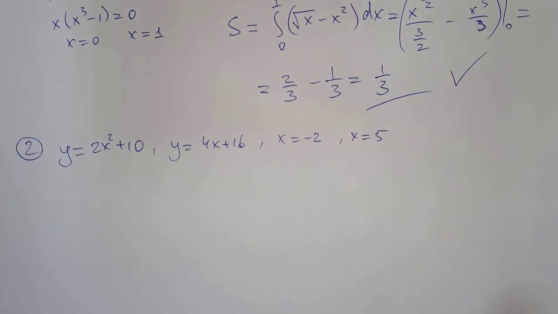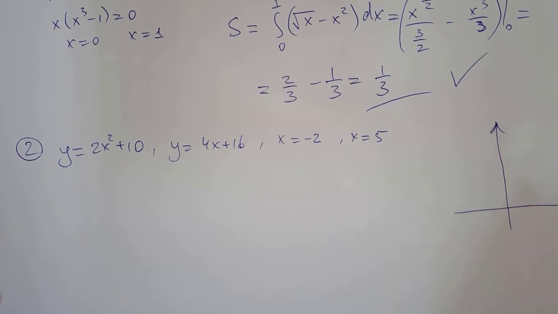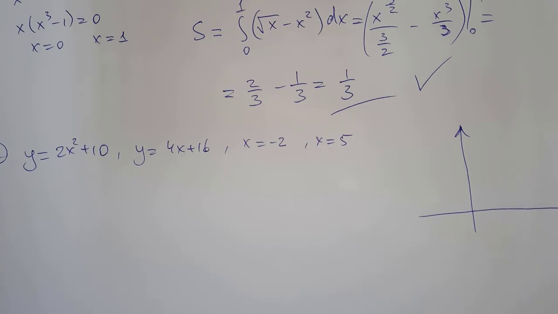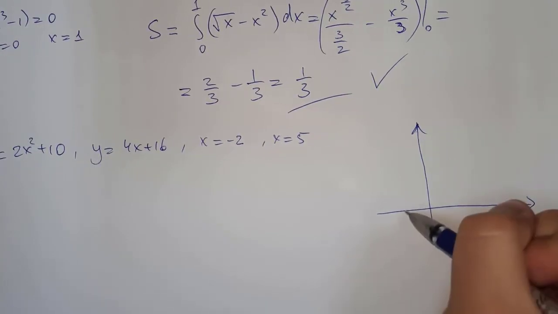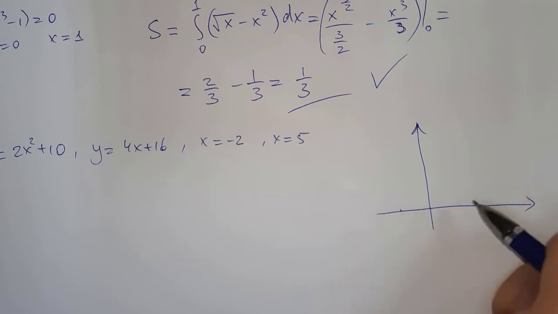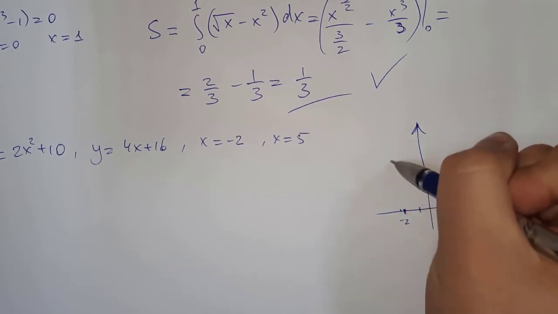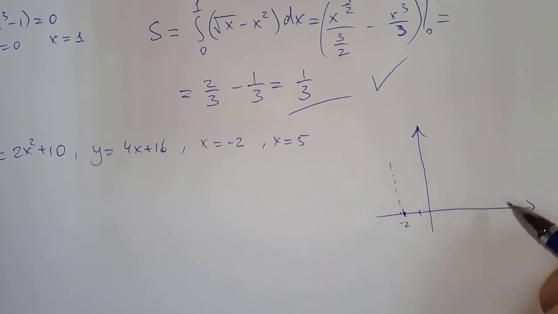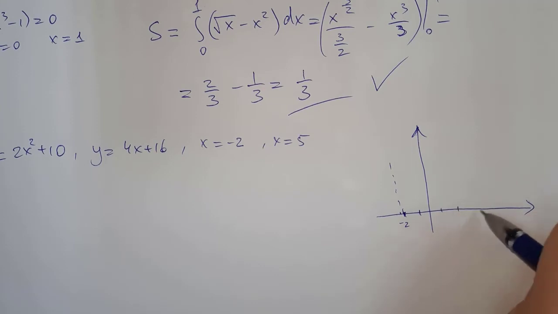So firstly we need to draw the graph. Look here, this is what we have. x is minus 2. We need to bound with this line and 5: 1, 2, 3, 4, 5 here.